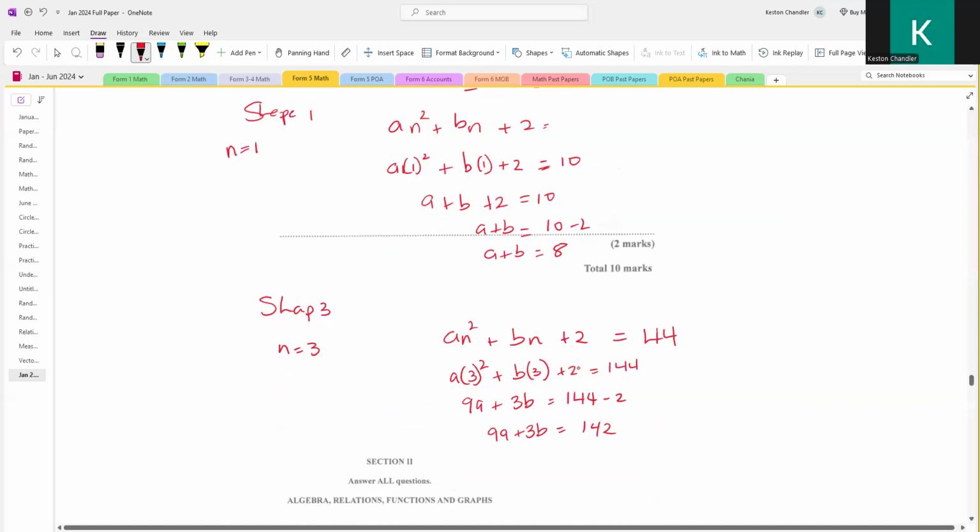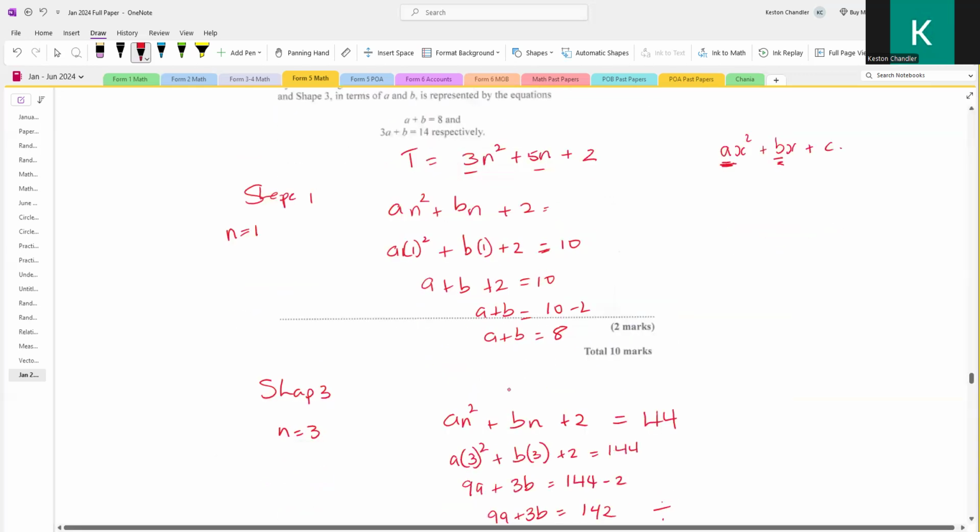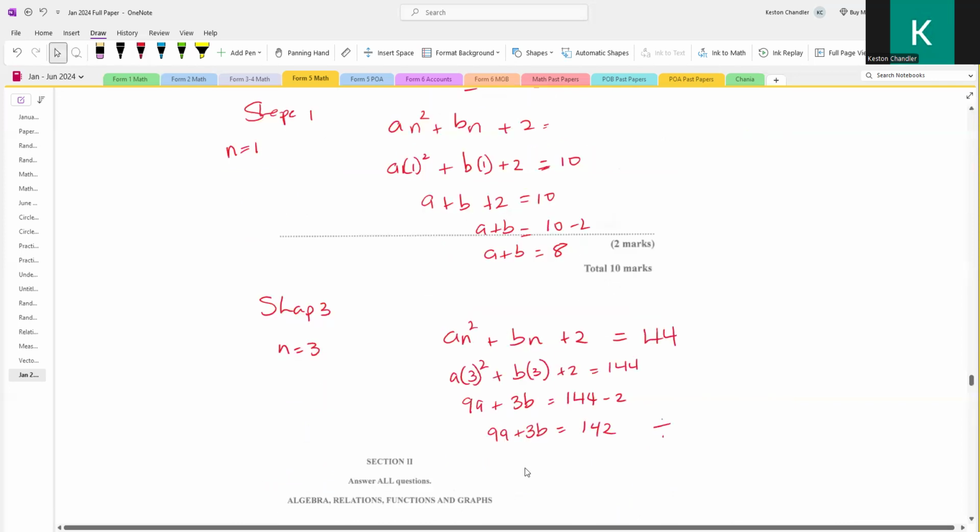Well, we could divide here by 3. 12 by 3, 4 and 2, 7. What do you want? 14. Not 144. This is 44, man.